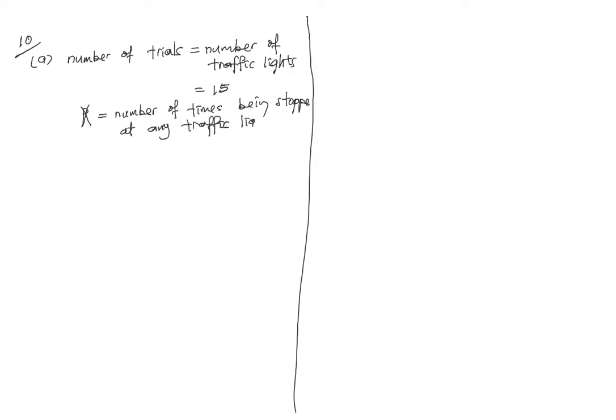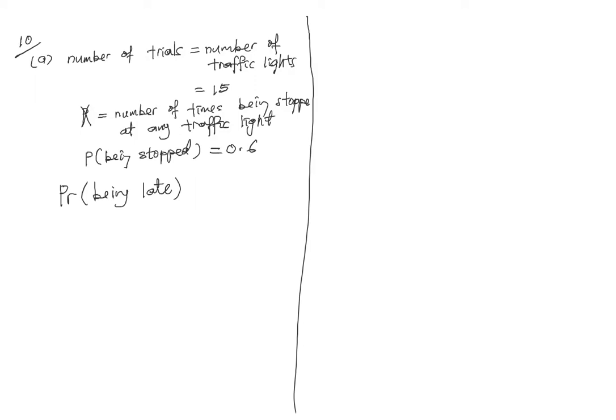Okay, number of times have been stopped at any traffic light. Okay, so probability of being stopped is equal to 0.6. So probability of being late.